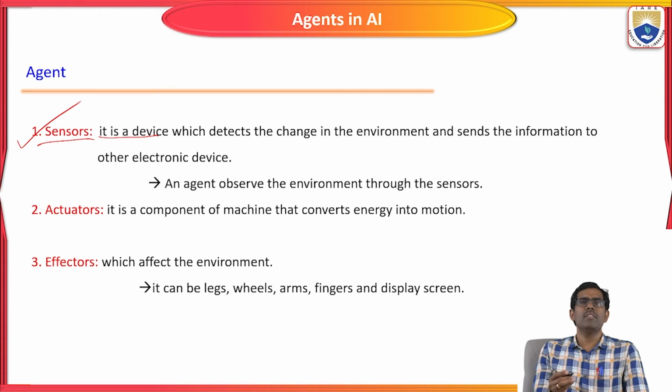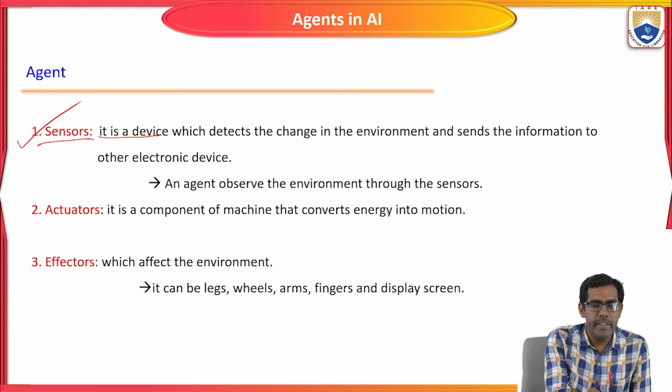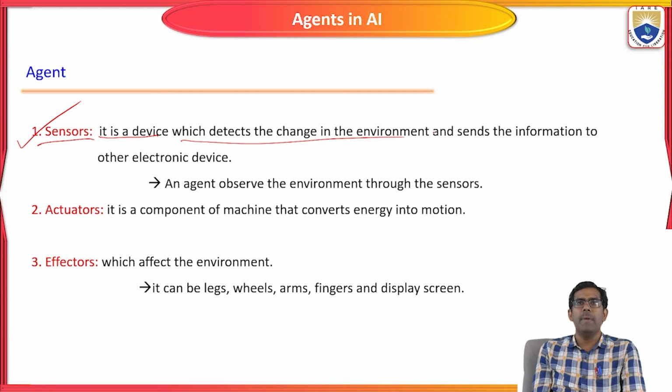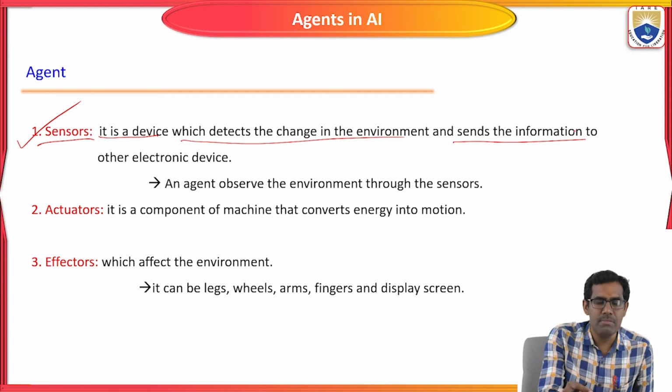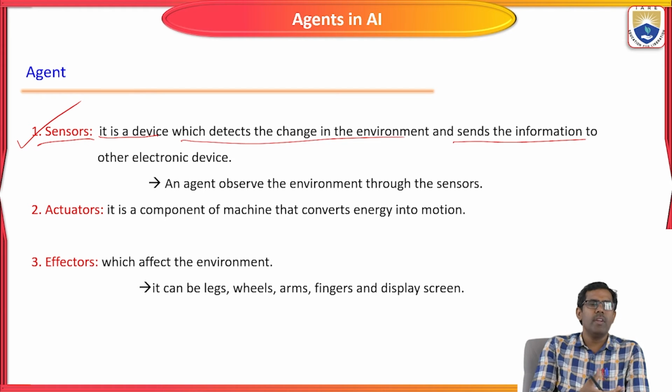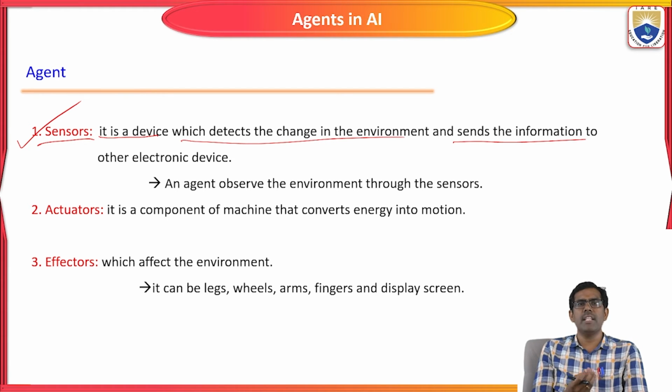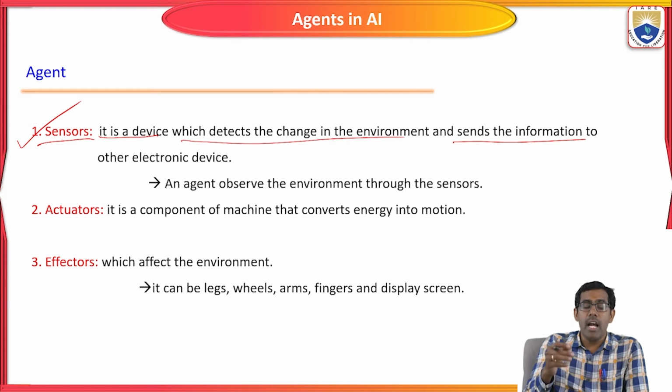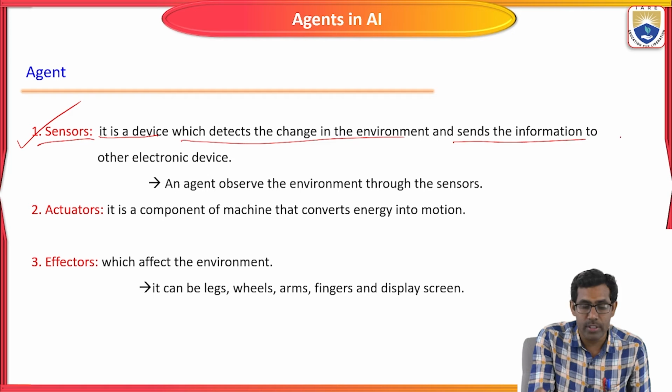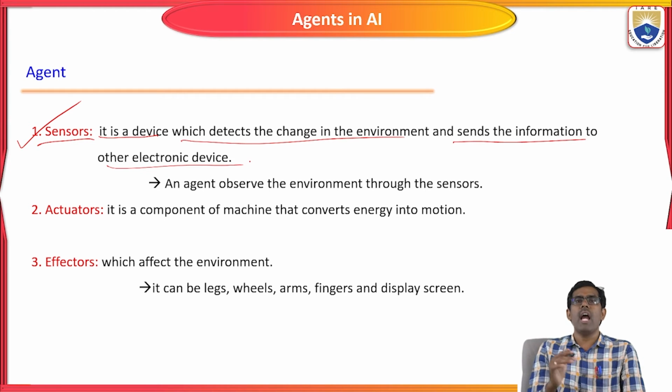For example, if the weather condition changes and it is going to be rainy, that information is sensed through the sensor, and the sensor sends the information to other electronic devices, other machines, or other parts of our organs.